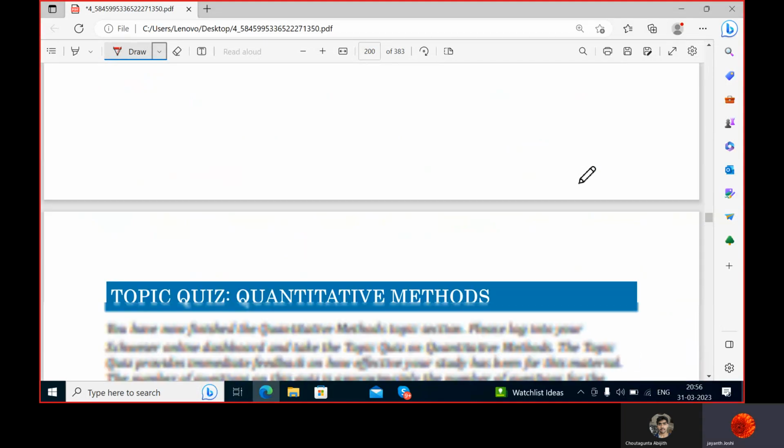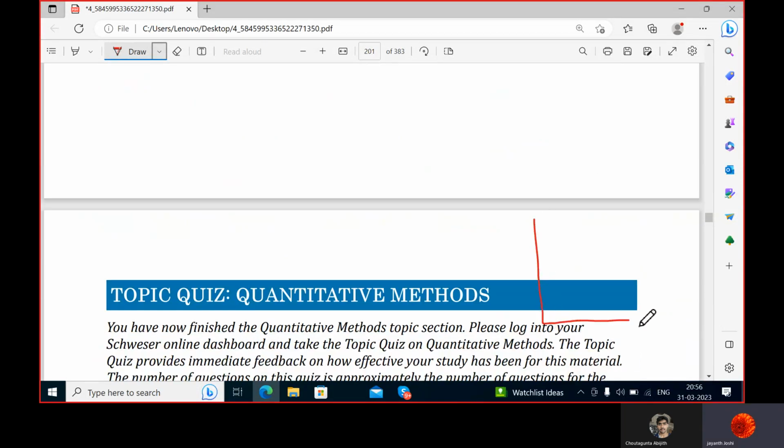If I have to make a graph, I'll make a small graph here. Let's say the price is P here and the new price is P prime here. The quantity demanded was Q and the new quantity demanded is Q prime.